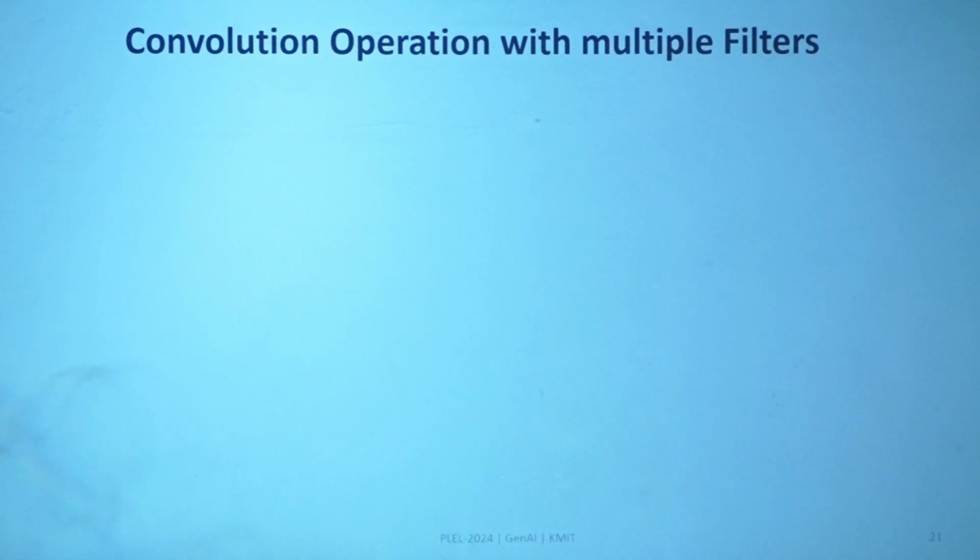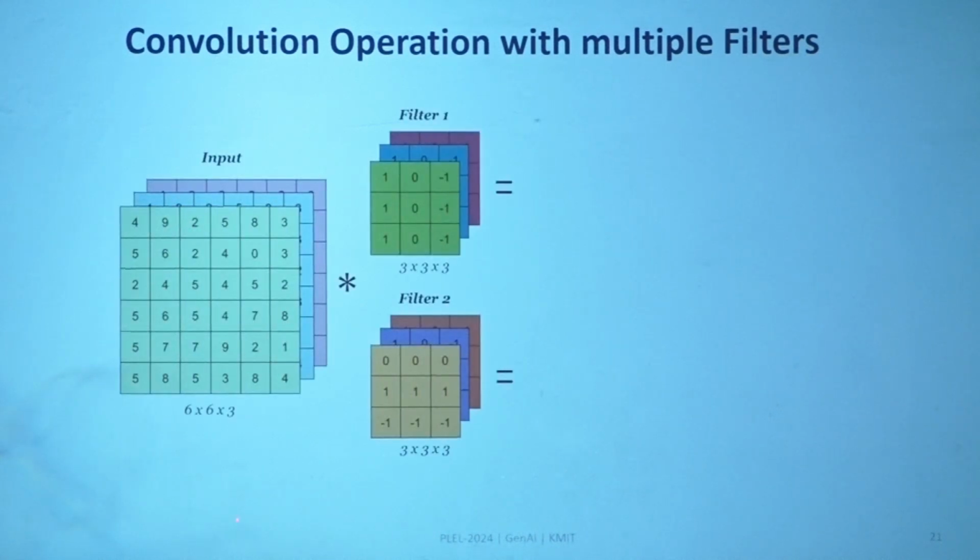Have a look at this one. A 6 by 6 by 3 color image is convolved with 2 filters, filter 1 and filter 2. With each filter you get one feature map of dimension 4 by 4.